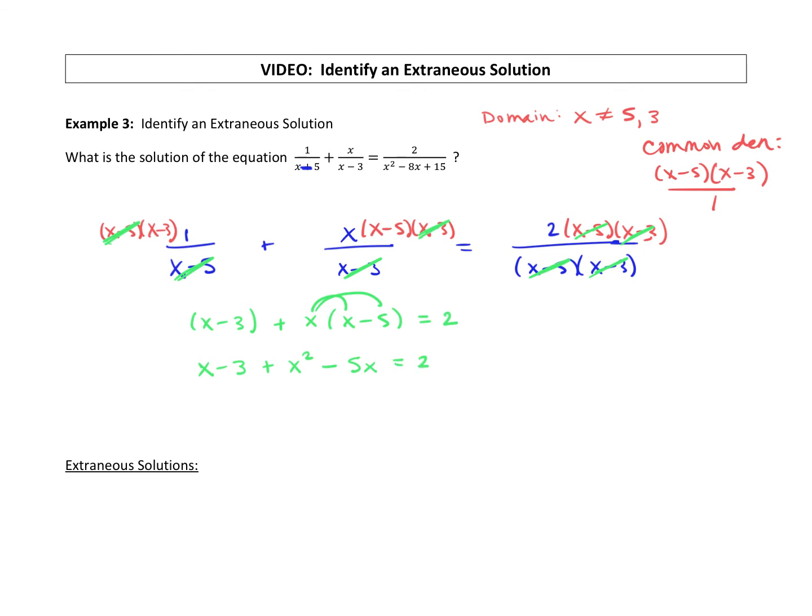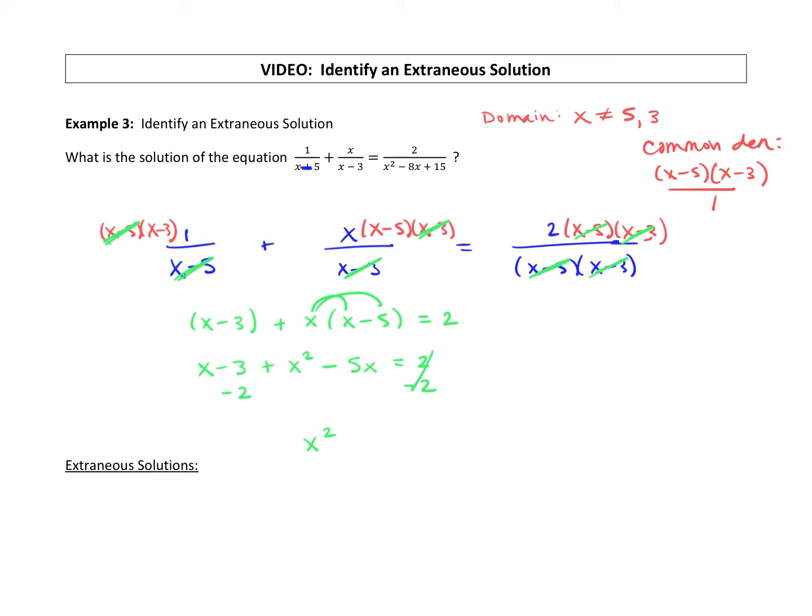We're going to solve for x. Because I see that we have an x squared, let's get everything on one side and set this equal to 0. So I am going to subtract 2 from its like term over here. I'm also going to rewrite this in standard form. So our 2's cancel. The term I want first is the x squared. So we have x squared.